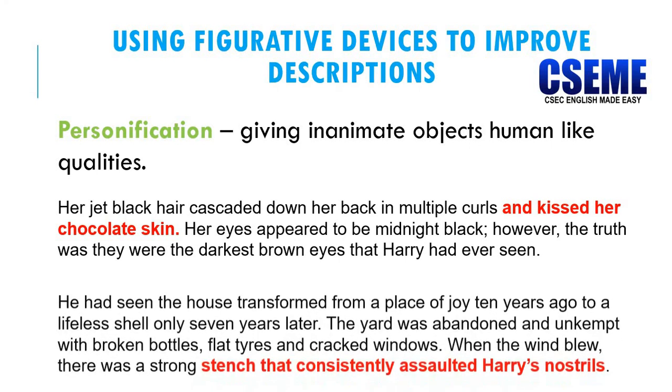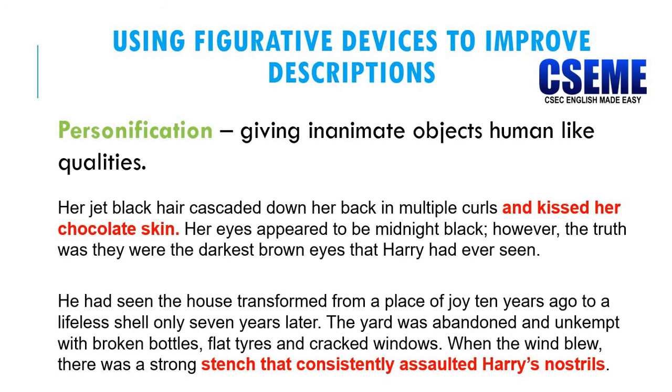Another example is from the story about Harry. Well, it's the same story. And this is when the wind blew, there was a strong stench that consistently assaulted Harry's nose. What is the personification here? Can the wind assault Harry?